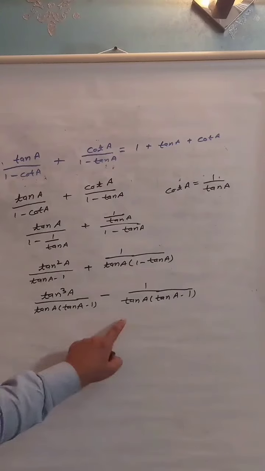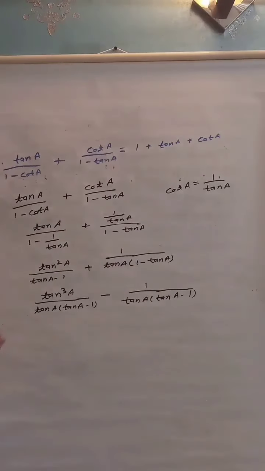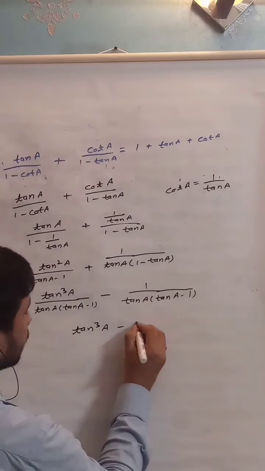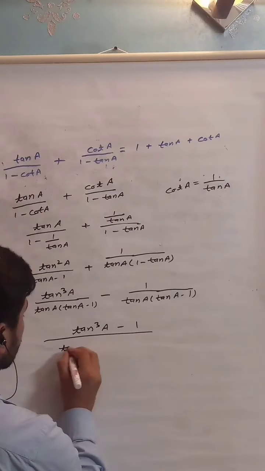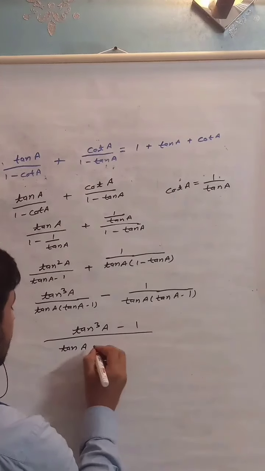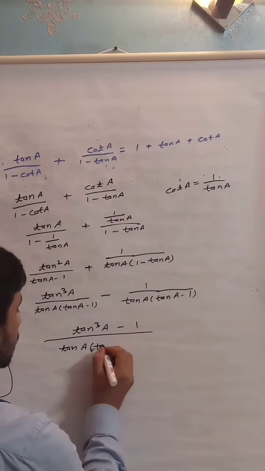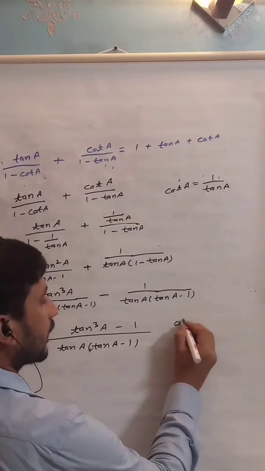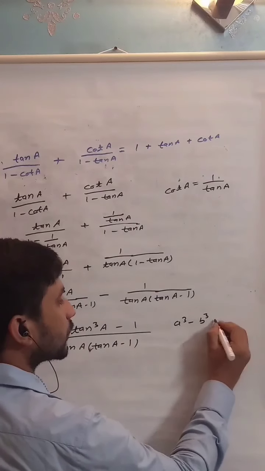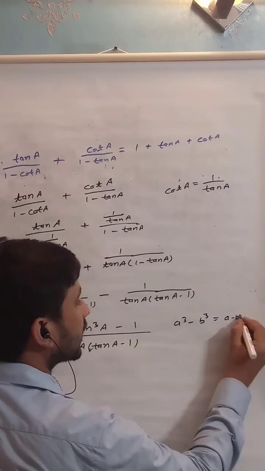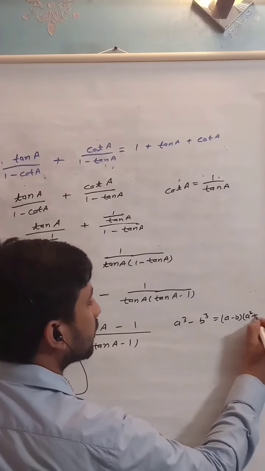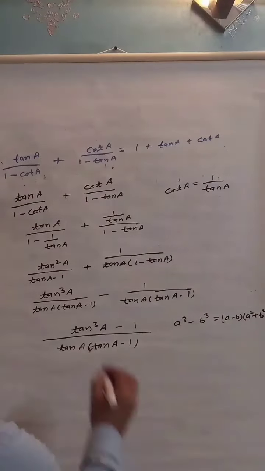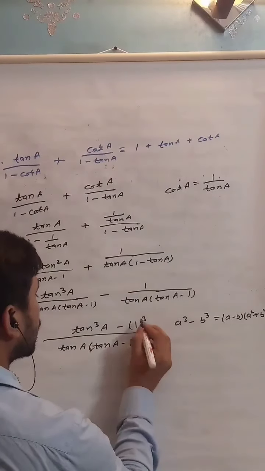Both the denominators are equal, then we can write tan cube A minus 1 upon tan A into tan A minus 1. Also we know that A cube minus B cube equal to A minus B into A square plus B square plus AB. Here we have tan cube A minus 1 cube.